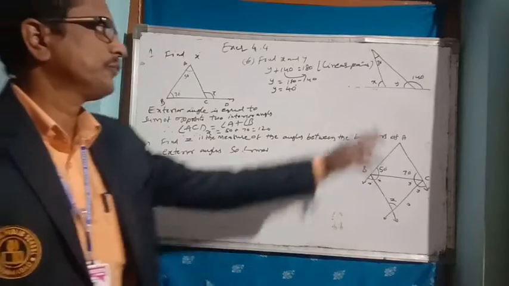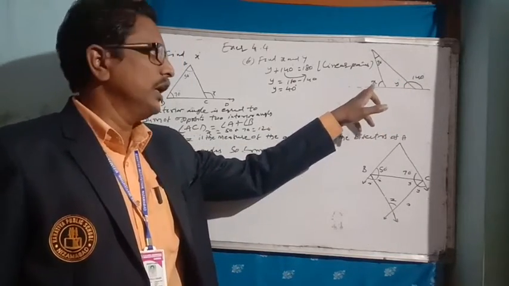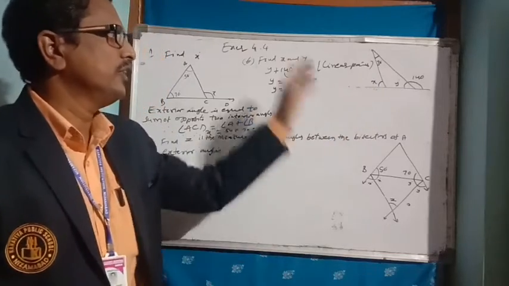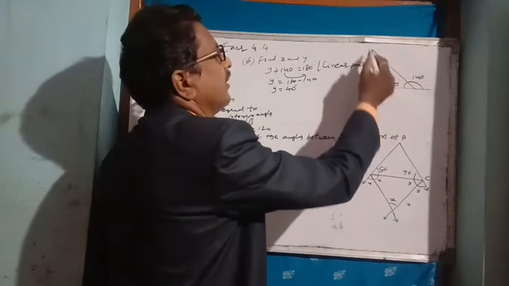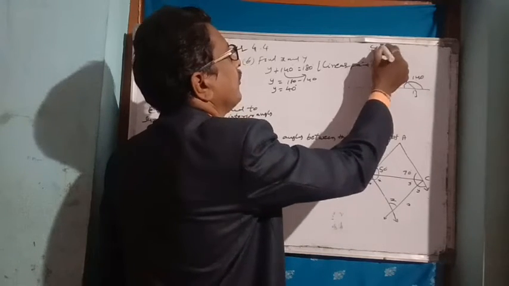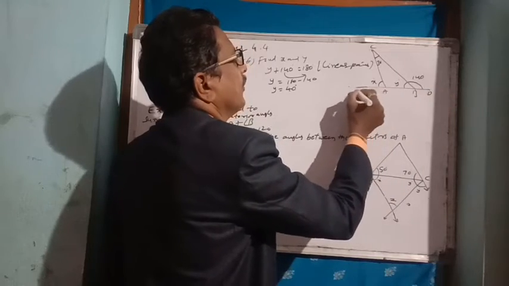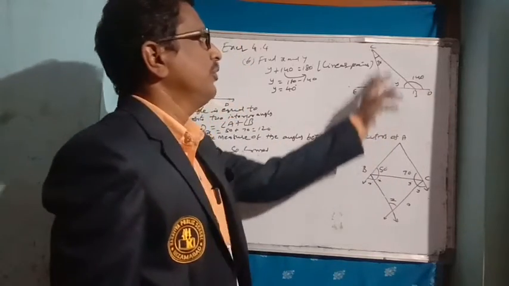Y completed. Now we want X. How to find X? See here. For this triangle, suppose this is A, B, C, here D, here E. Suppose ABC is a triangle.